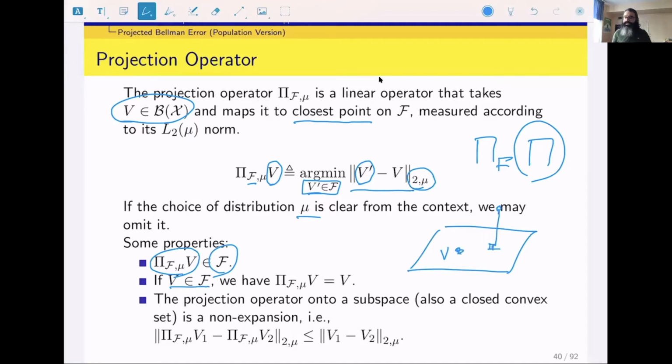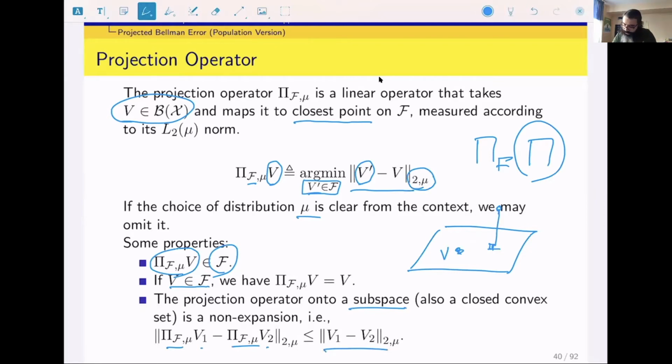Another property is that the projection onto a subspace, a space defined by a set of basis functions, is non-expansive. So what does it mean? It means that if I take two functions, v1 and v2, and apply the projection to them, the distance between those points would be smaller or equal to the original distance between them.